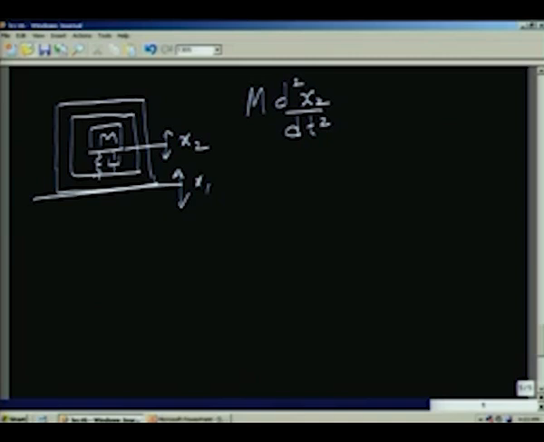What is the spring force? The spring force is given by k into x1 minus x2, because the difference between the two is the displacement of the spring. And similarly, for the damper, we assume that the damping force is proportional to the velocity. In fact, we have done that earlier also: dx1 by dt minus dx2 by dt.